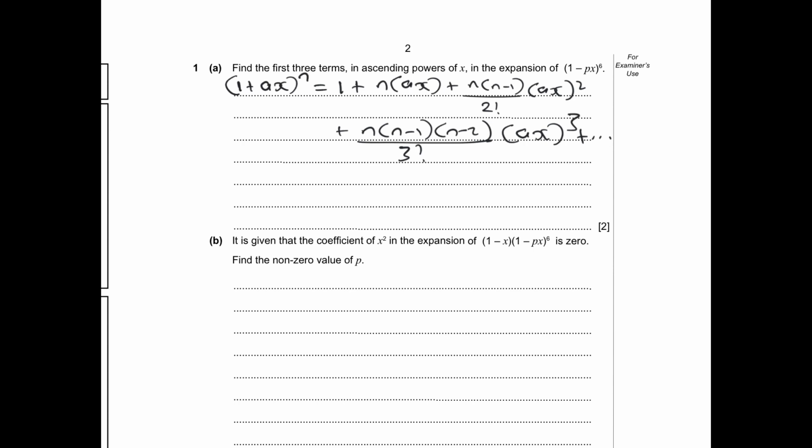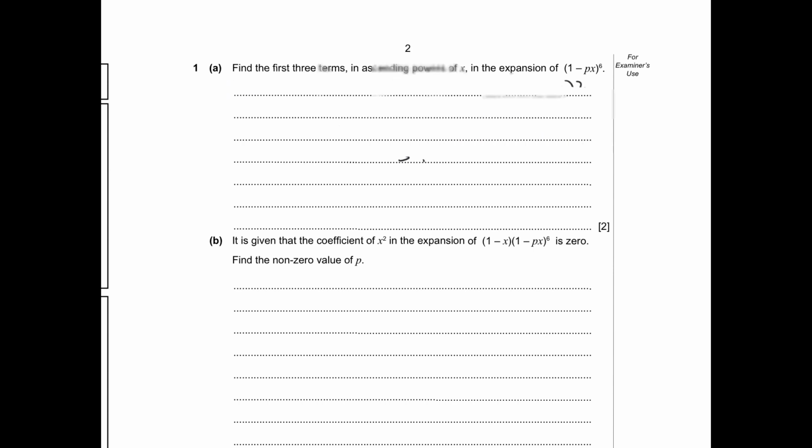So in this case, if we compare what we are having with the formula, our ax is represented by negative px, and of course our n is 6. So we are just going to plug into this formula. Let me create space by erasing the formula.